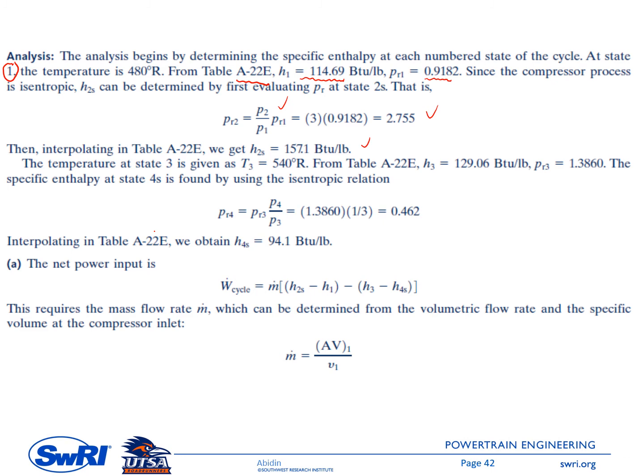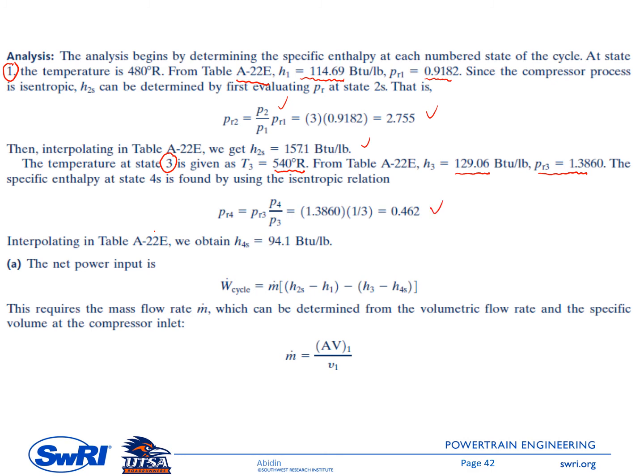For state number 3, the temperature is given, 540 degrees Rankine. Use the same table to get the enthalpy at state 3 as well as the PR at state 3. You will use this PR3 to determine the properties at state number 4.